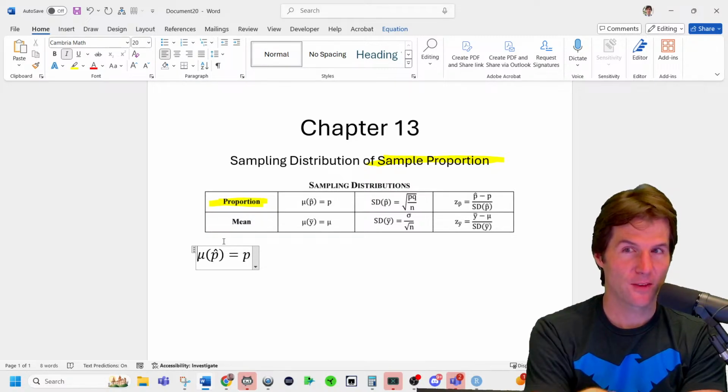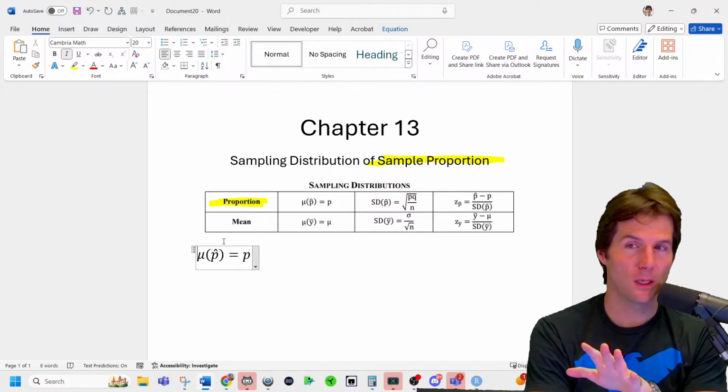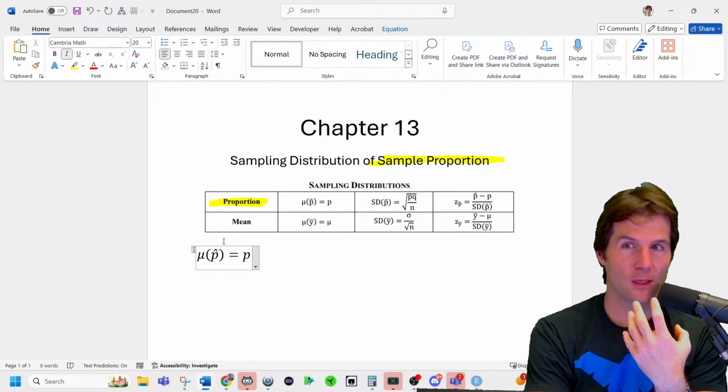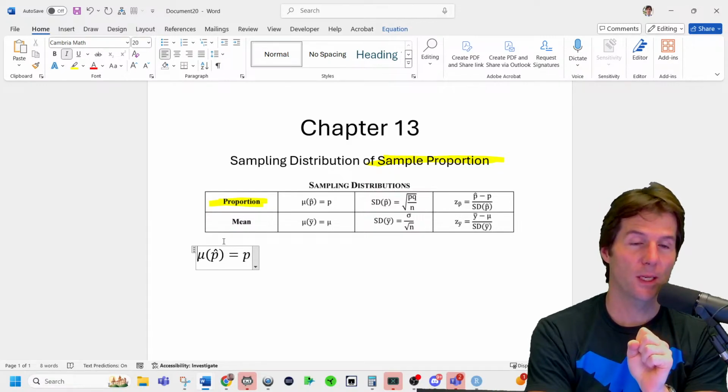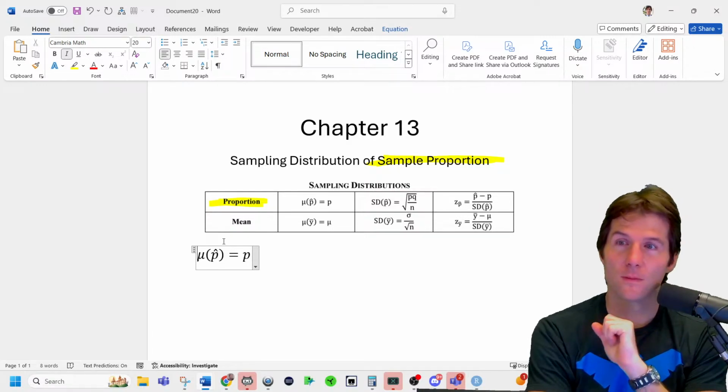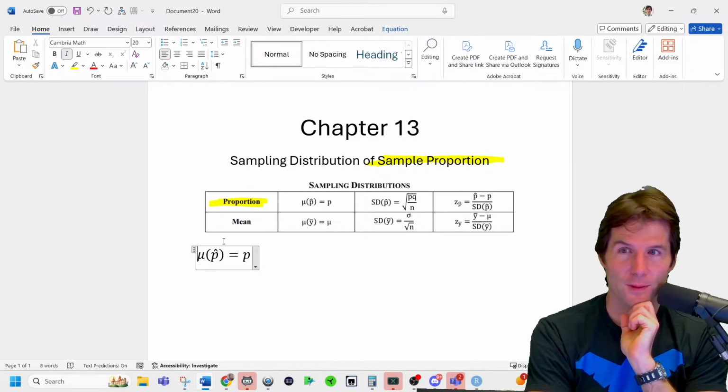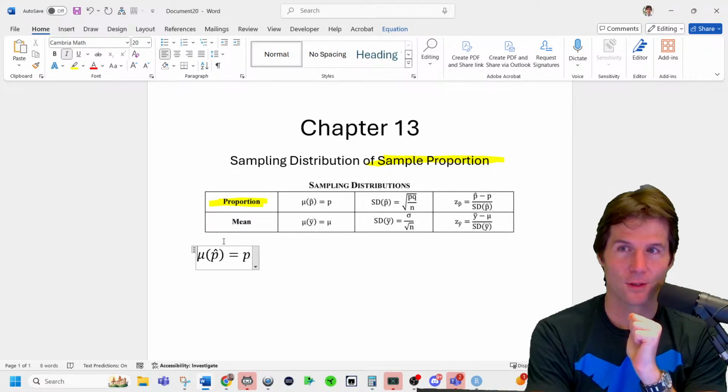I'm going to give it just a moment more and then I'm going to answer it. Can you express to me something that gives you a mu p hat? P hat is sample proportion, but mu p hat is the expected sample proportion. Write me like a full question.